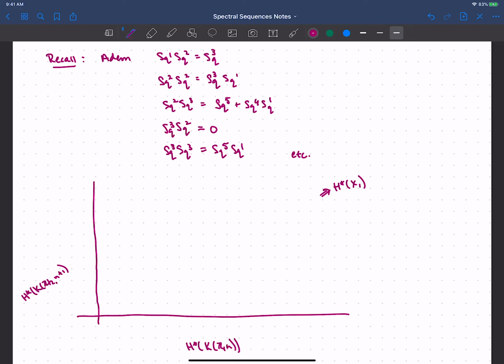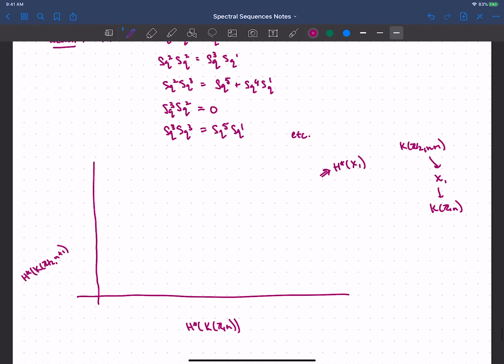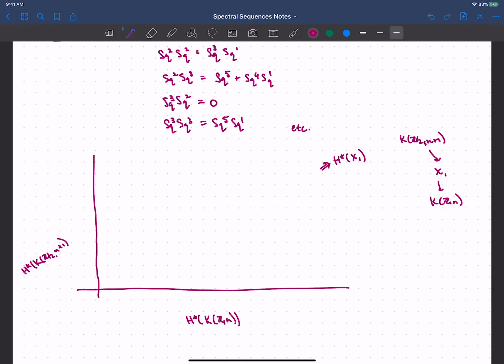Okay, which came from pulling back that map square 2. All right, so let's go ahead and fill this in.